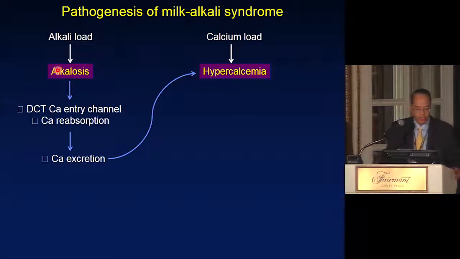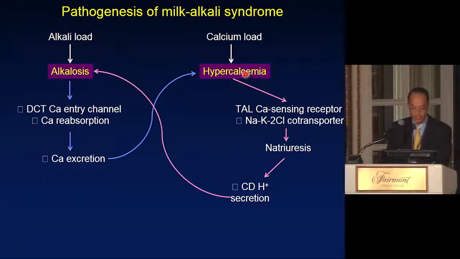Now, sorry, the arrows here haven't shown up, but as you become alkalotic, this tends to stimulate your calcium entry channel in the distal convoluted tubule, TRPV5, and increase calcium reabsorption and decrease excretion. So the alkalosis actually exacerbates calcium overload.